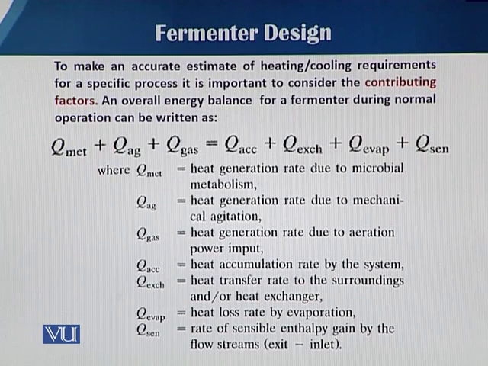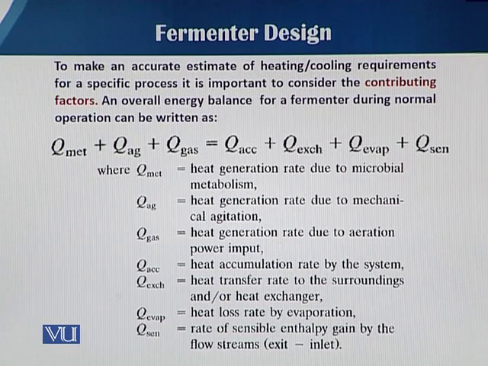And then there is Q gas. Q gas is the heat generation rate due to the aeration power input, because when the aeration is sparged into the fermentation media, there is a resistance, and due to that there is heat production. So these are the three factors which can add heat into the system.